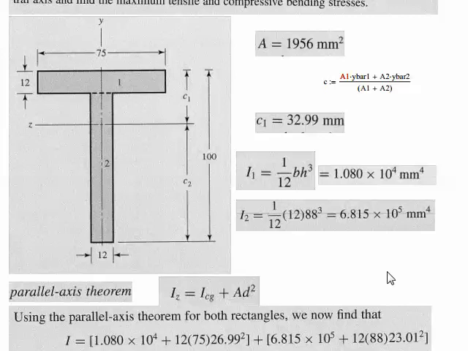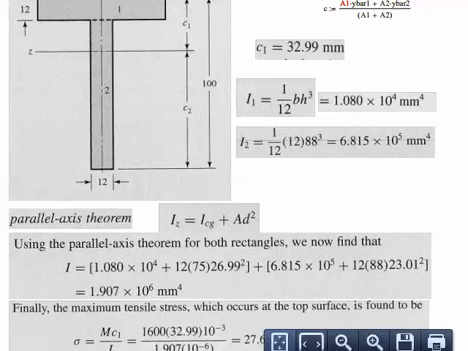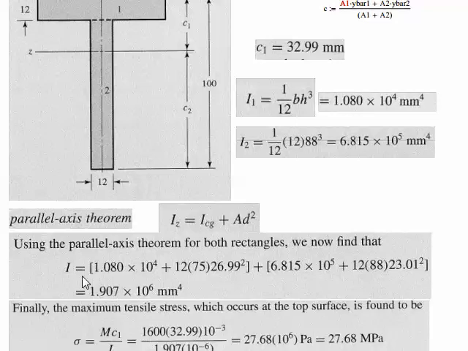Looking at the formula: the 1080, the area 12 by 75, and 26.99 is the distance we move from the middle of the rectangle to the overall centroid. That is the moment of inertia contribution of the first region.